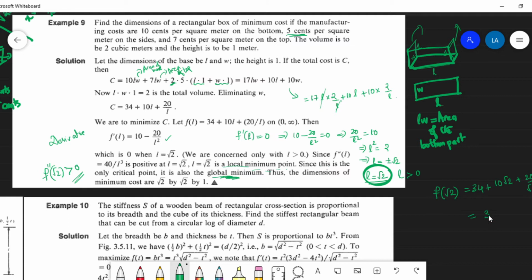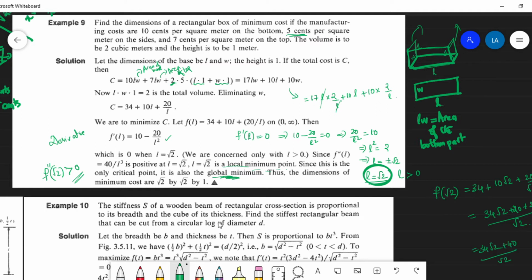So you get 34 plus 10 root 2 plus 20 divided by root 2, and you can solve for it.